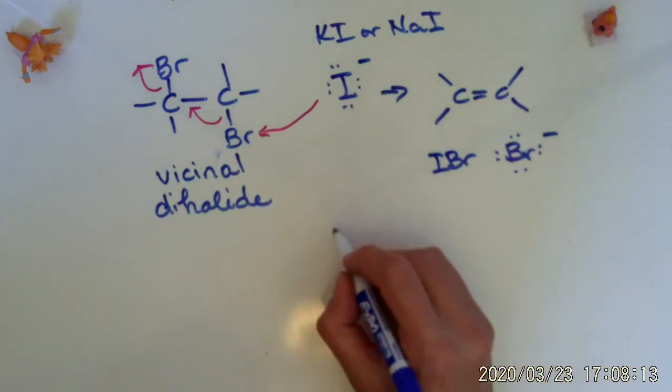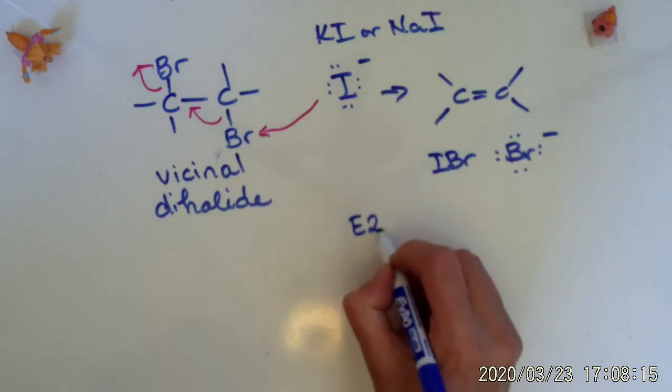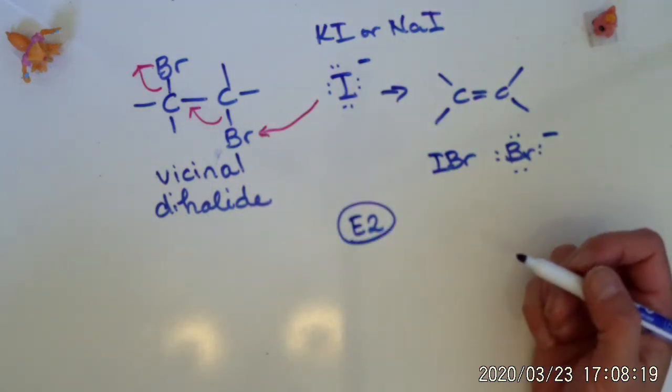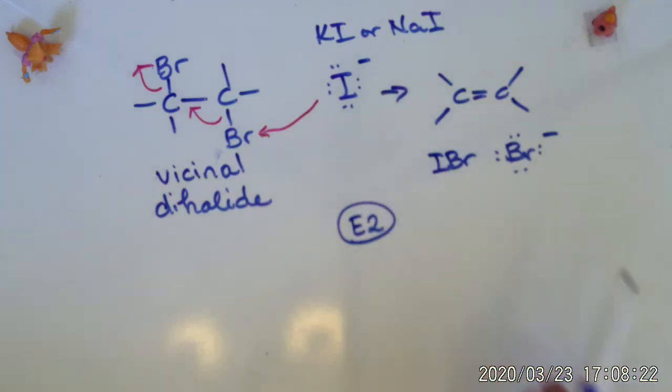And again, this is E2. So we can use it in any cases that we've seen E2 previously, but this is also another way to form an alkene. Okay, so now let's move on to E1.